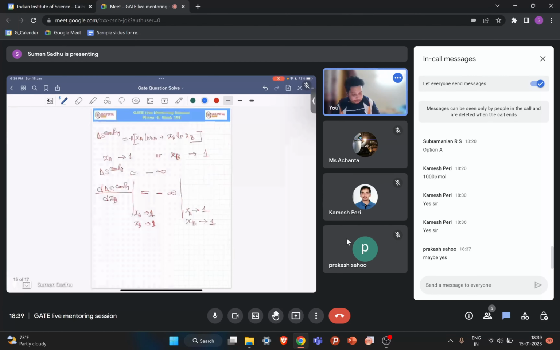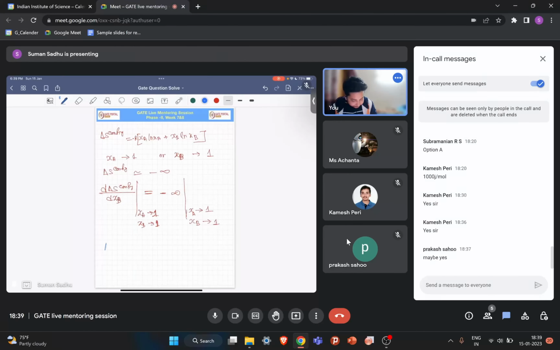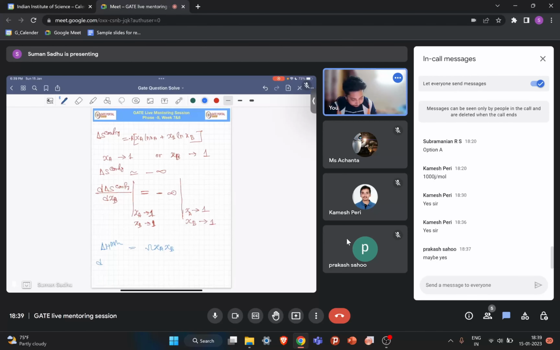But if you see your delta H mix is omega xA xB, right? If you take the derivative, what you will get? Omega xA into (1 minus xA), so the derivative will be omega into (1 minus 2xA).